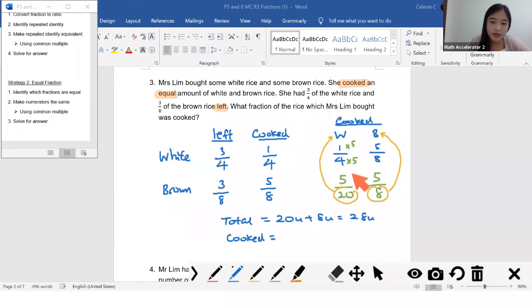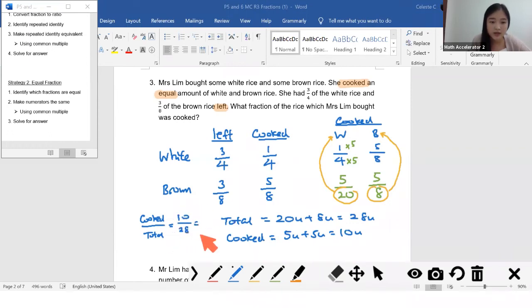Okay, we know that 5 units out of the 20 units for the white is cooked. Right, same thing for the brown. Okay, so the fraction will be cooked over total. 10 over 28.